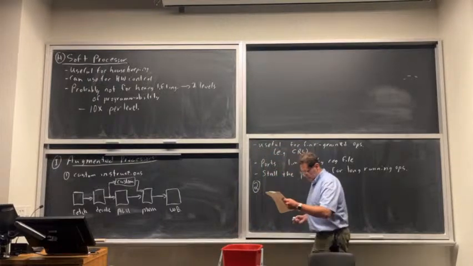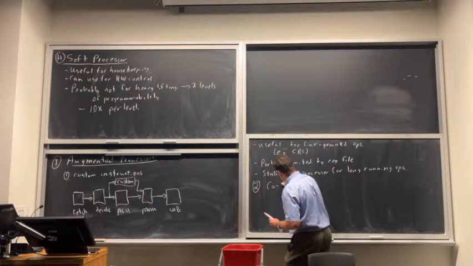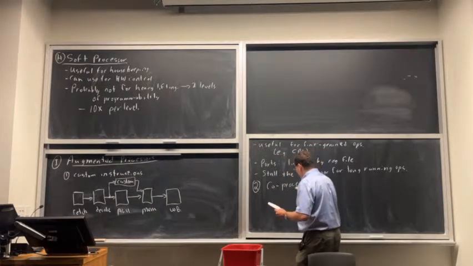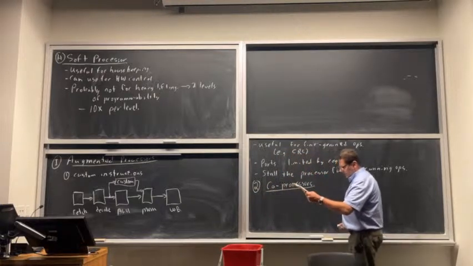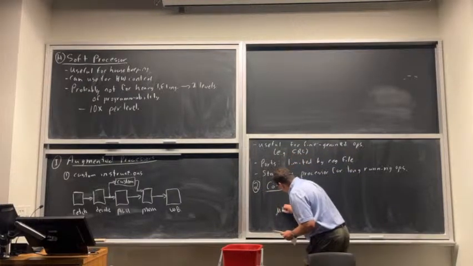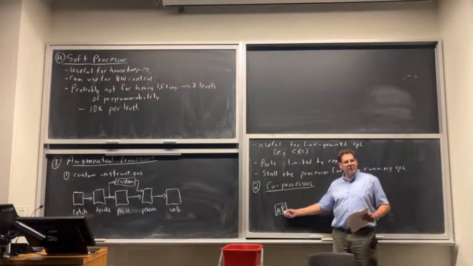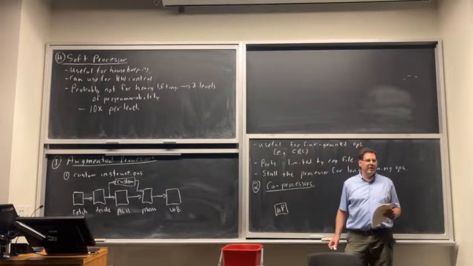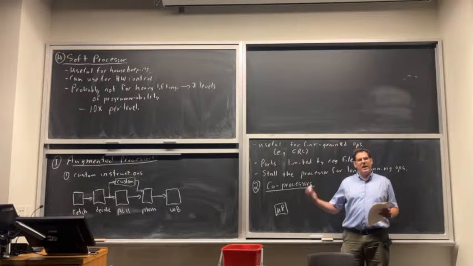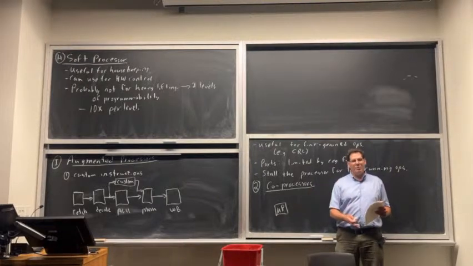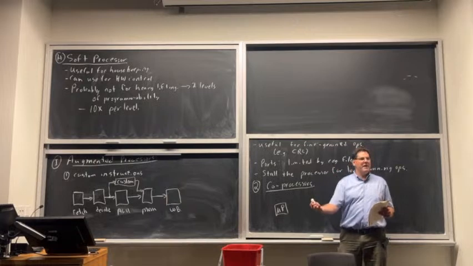Another way you can hook them up is with coprocessors. Okay, so a coprocessor, you just have a microprocessor. So this could be a soft processor that you instantiated in the FPGA. Most FPGAs now also come with a limited number of hard processors. So usually they're ARM, and they have maybe 2 or 4 processors that are actually embedded in the chip.